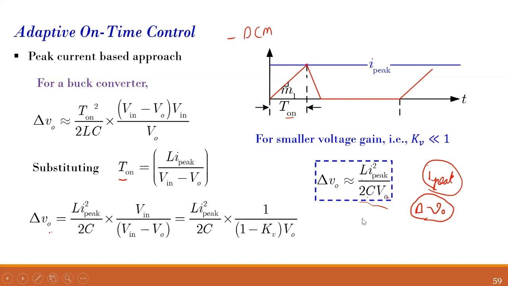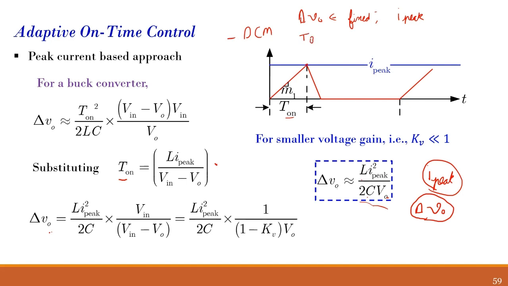So here we are maintaining this IP constant. Yes, but sir, for maintaining that IP constant, there should be a corresponding variation between T on and V in, as per this equation. My point is your del V naught is fixed, and for that you have a fixed IP.